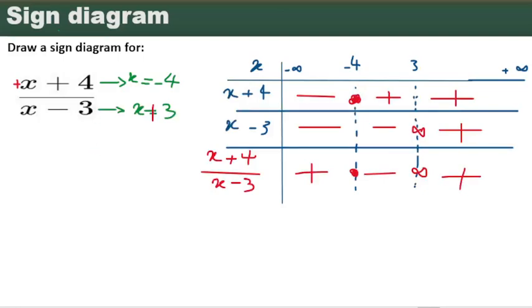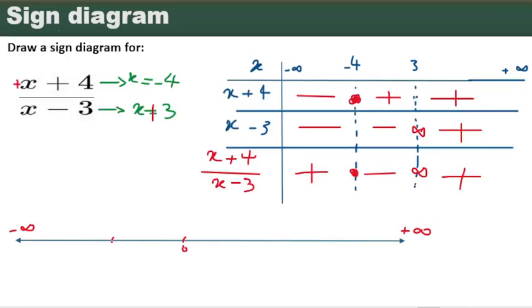Now I try to draw a sign diagram, which is here, my sign diagram. I say from negative infinity to positive infinity, and I have 0 here, negative 4 here, and 3 here.